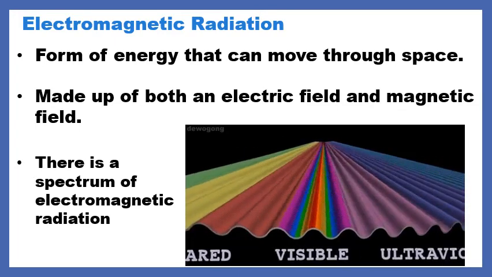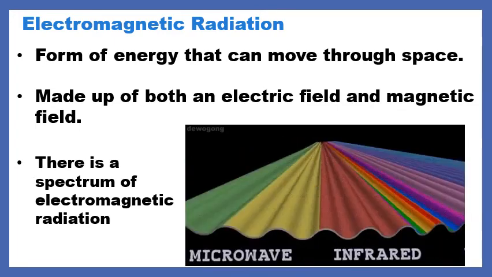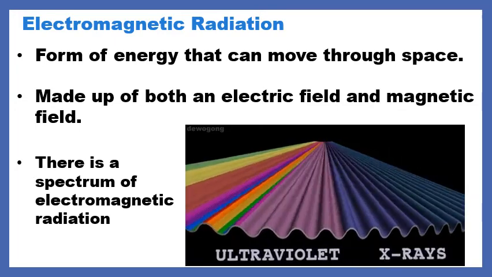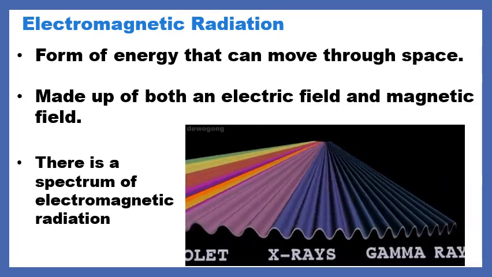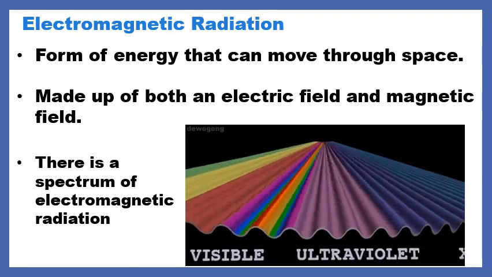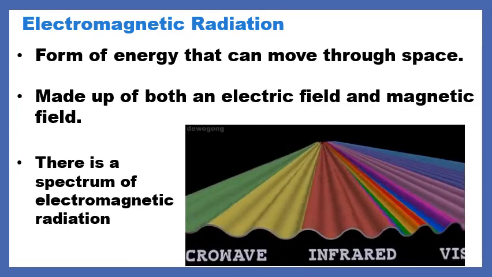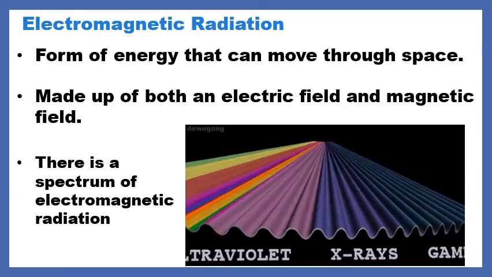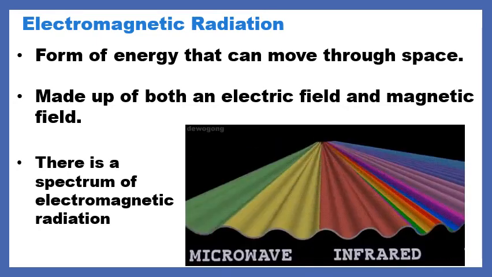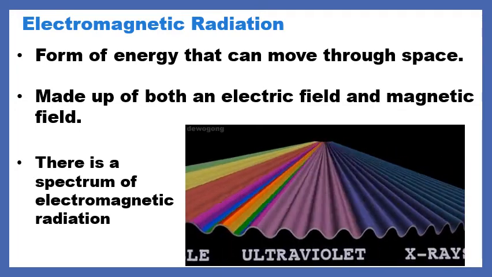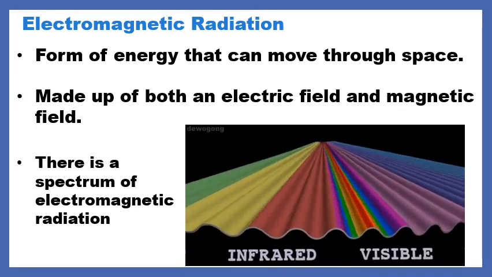X-rays, same waves that they use when you go to the doctor and you need to take an image of your bone or inside your body. And I don't know if you're into sci-fi, gamma rays, maybe you've heard that before. So you might not know what electromagnetic radiation is, but you're using it currently and you don't even know about it, which is kind of cool.